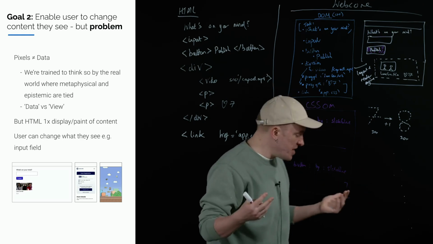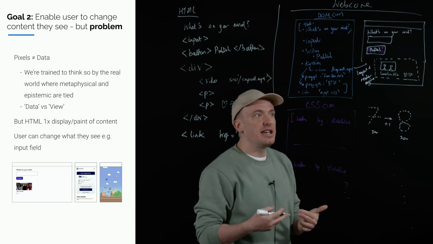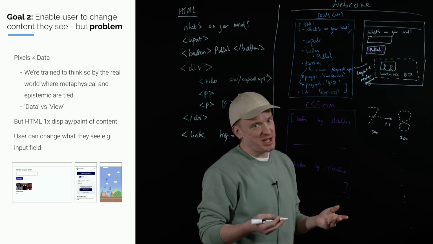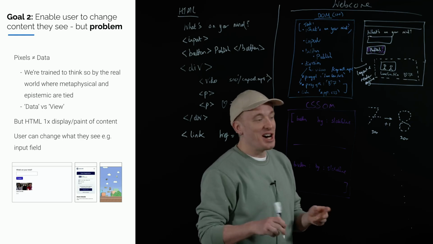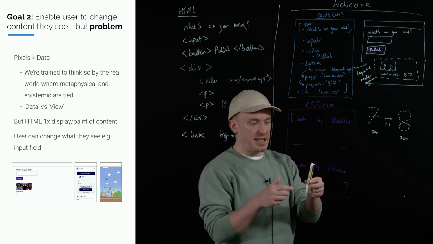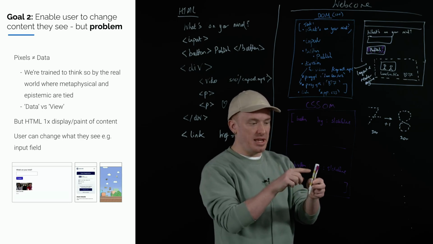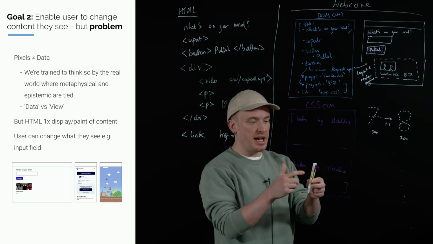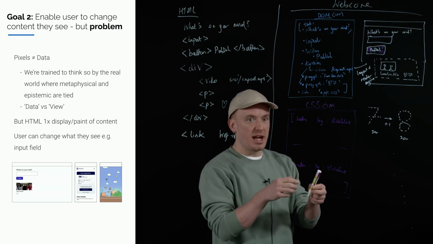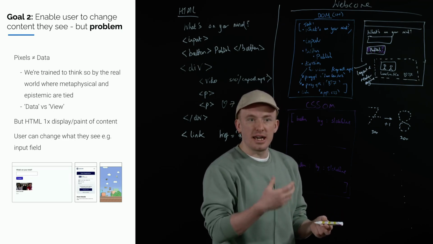And I'm not wrong for thinking that, because that is our nature from like 1 year, 2 years old. The epistemic and the metaphysical, I've been practicing saying those words, are identical. The epistemic is, do I know the pen is here? I can see it. I tap it and it moves. Right, what I see is the underlying data.